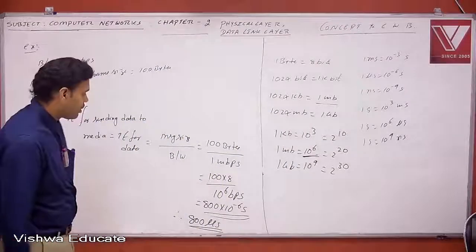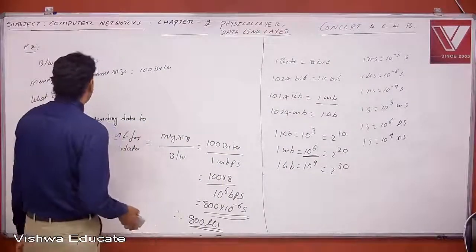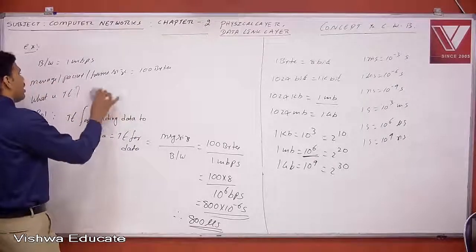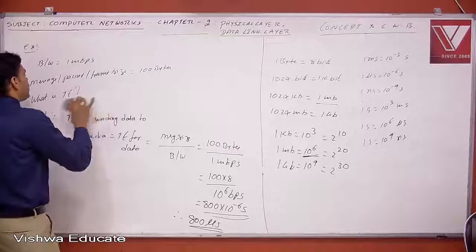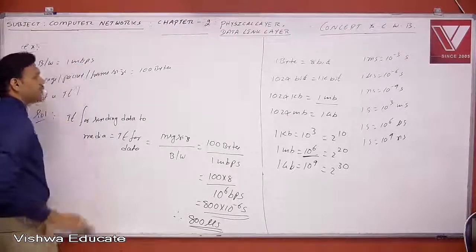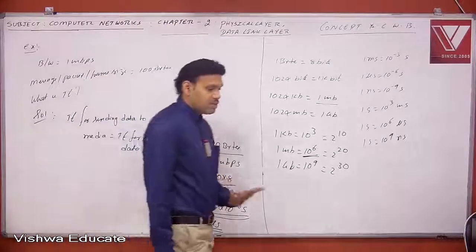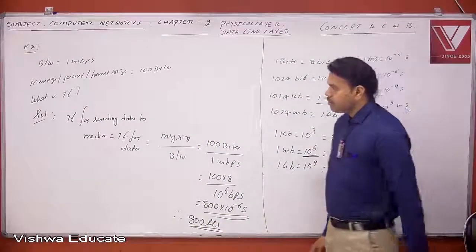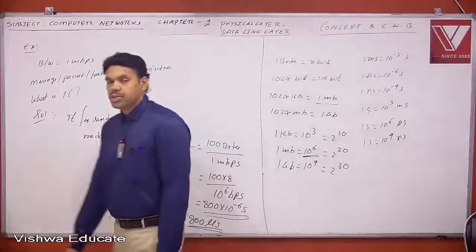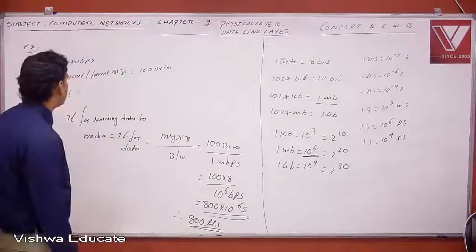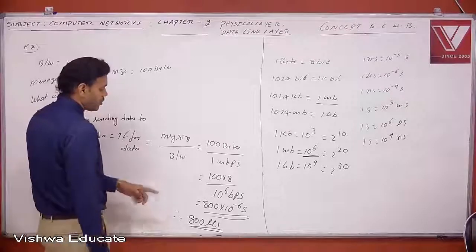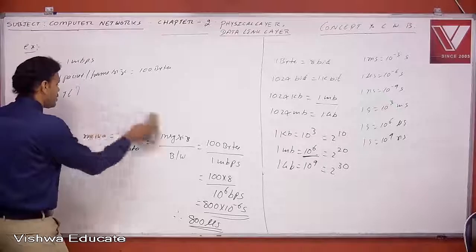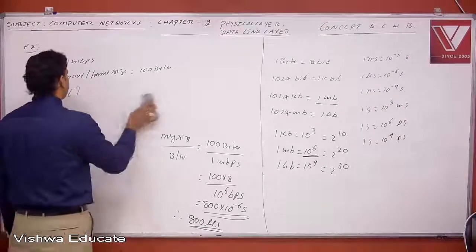Well, friends, now let us see one more example based on this. This time, I said one point. What is the one point? The transmission time may vary based on bandwidth and based on the packet size or frame size or message size. Now, I will take the earlier problem with 800 microseconds. Now, what I do, I will just change them.